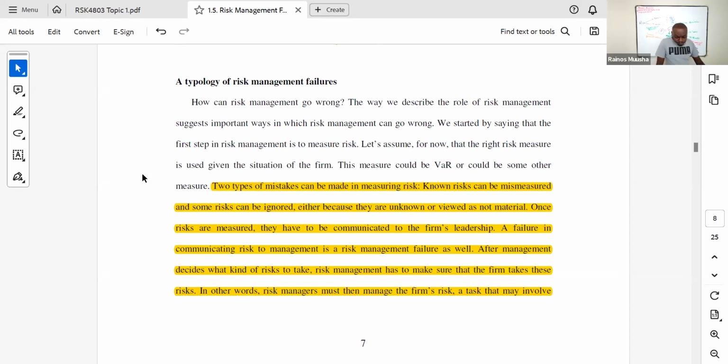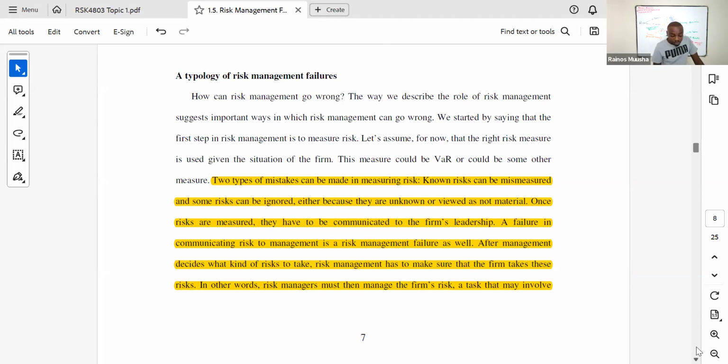We look at a typology of risk management failures. Under this section, I only go through the highlighted sections because these are the sections that I deem to be important. They say two types of mistakes can be made in measuring risks.